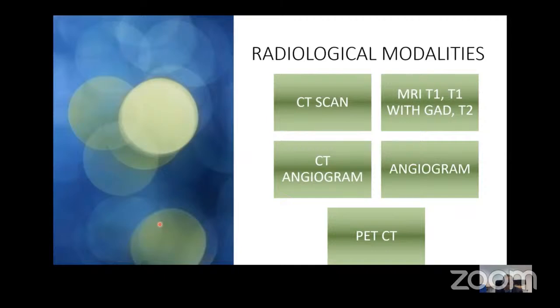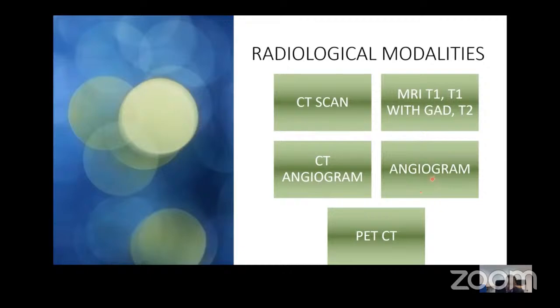The most common modality that we use is the CT scan of the paranasal sinuses in the management of chronic rhinosinusitis. When we come across any complications of sinusitis, we certainly would recommend an MRI scan. CT angiogram is used mainly for skull-based surgery, such as pituitary surgery and other endoscopic sinus surgery.